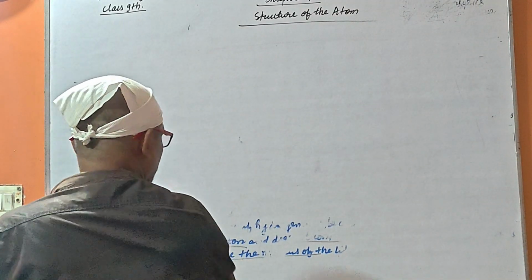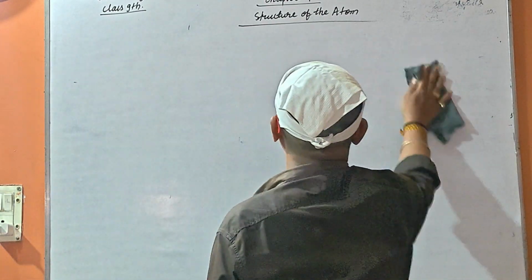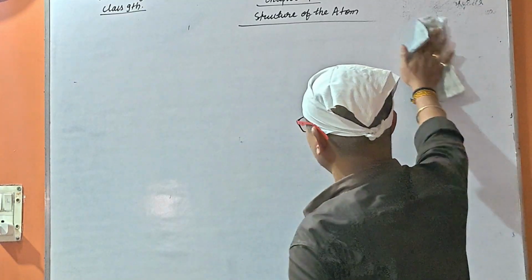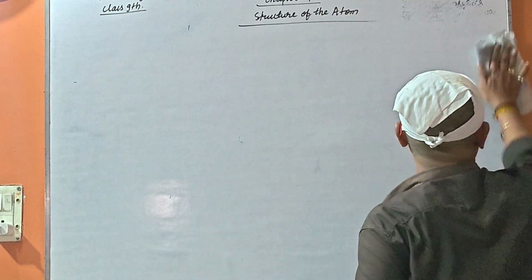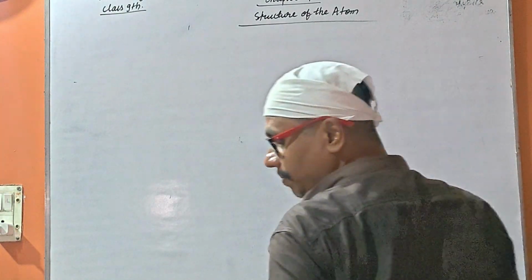So let us understand it in a simple and easy way. This is also important for you students, for the future and for the present also, because in class 10 you have to keep this in your mind. So let us, why not right now.